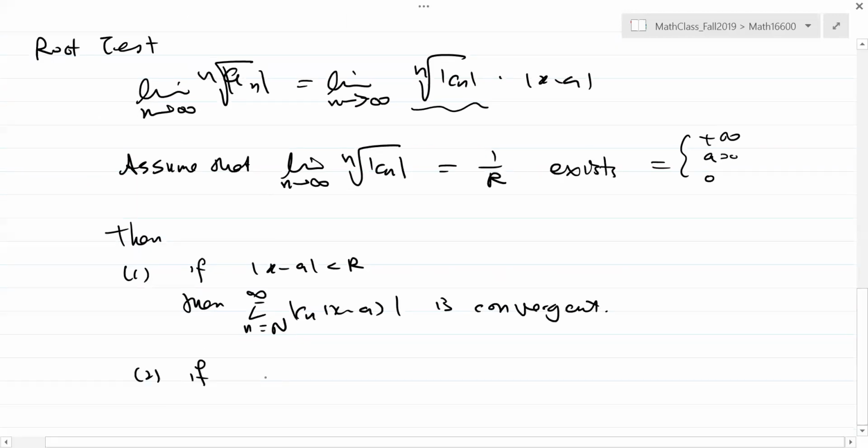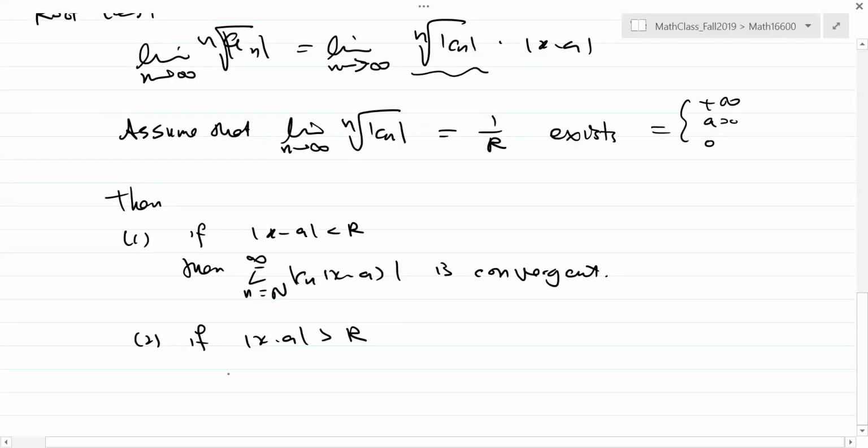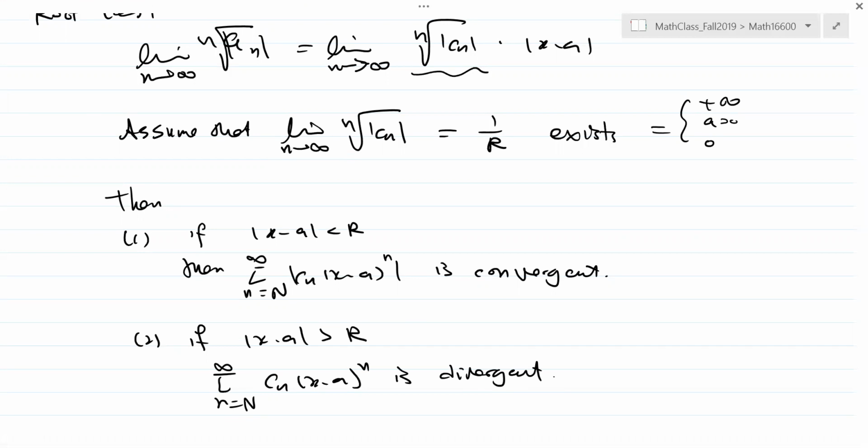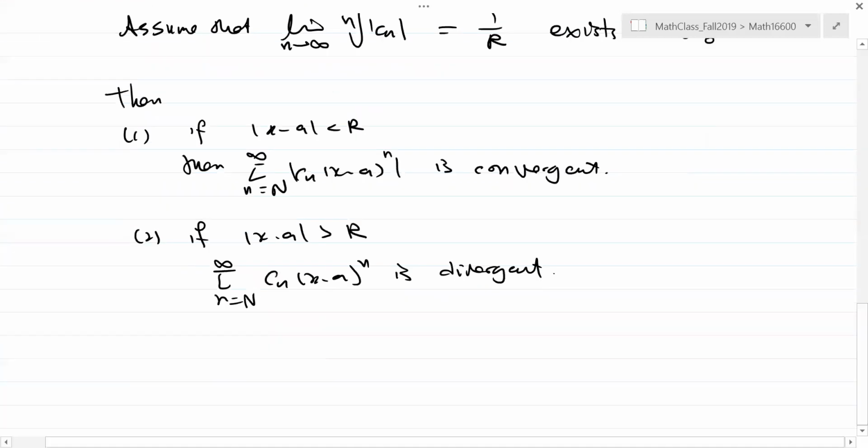So I guess you can use any of the tests to get this conclusion as long as the limit exists. Now let's take a look at examples. This is a good example.